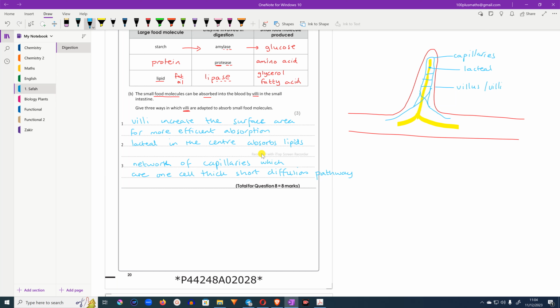So it makes for a higher concentration rate. Also, blood flow maintains the concentration gradient.